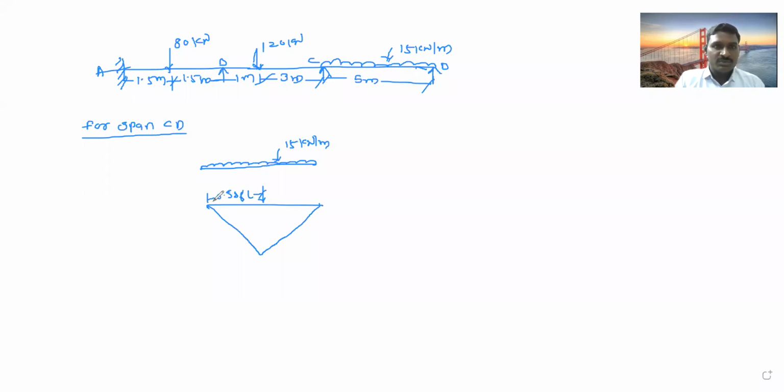C is the continuous support and D is the end support. So from the end support it is 0.414 L.